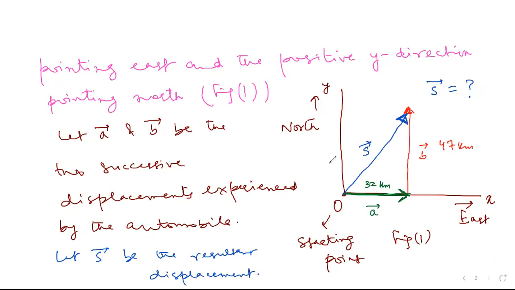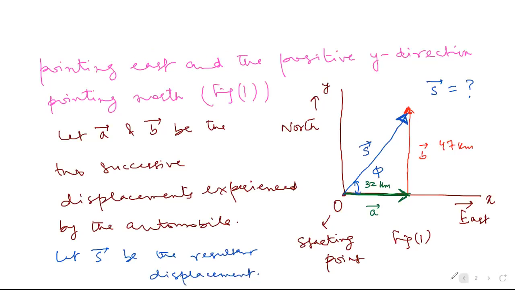And let this angle made by resultant displacement with east direction or positive x-axis be phi. So when I say I have to find S vector, that means I have to find its magnitude as well as direction. Direction will be specified by angle phi, and its magnitude I have to find out. So let us find it.